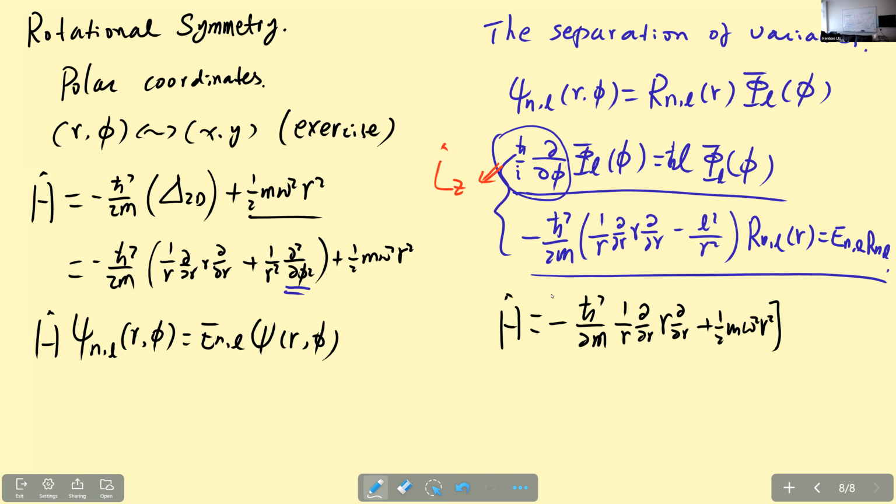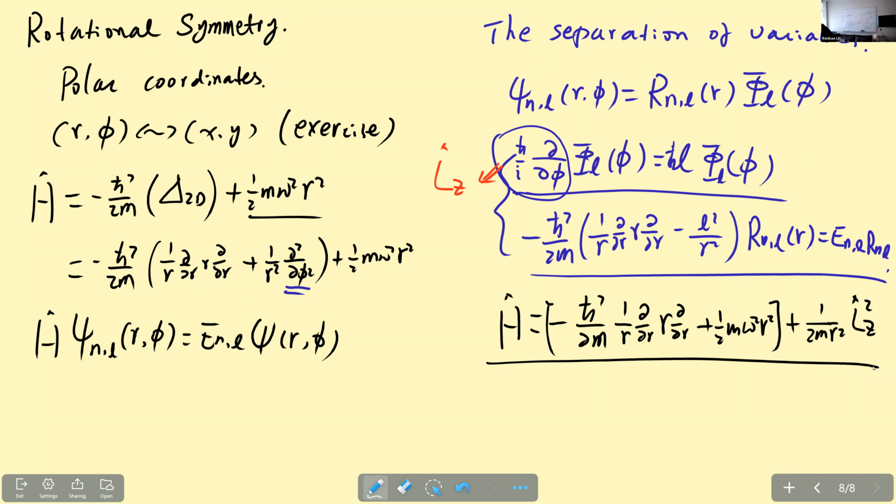Okay, so this is the radial part, but you also have another term. This is a feature that we're going to use in solving those central force problems later on.